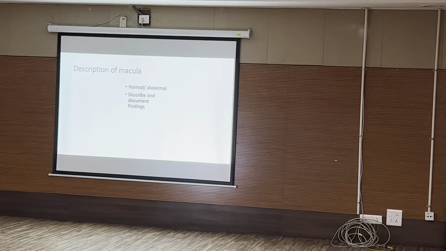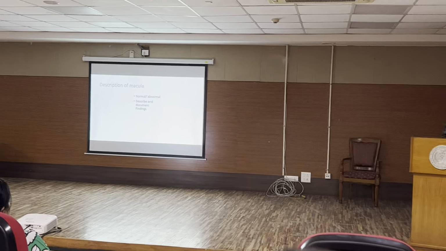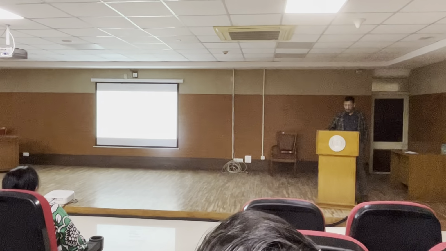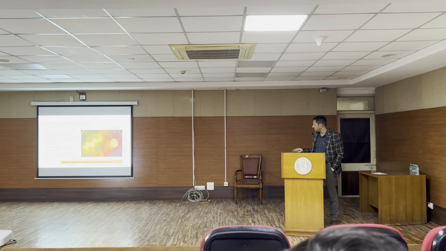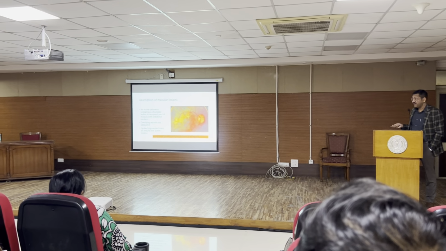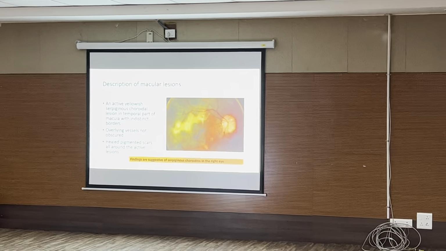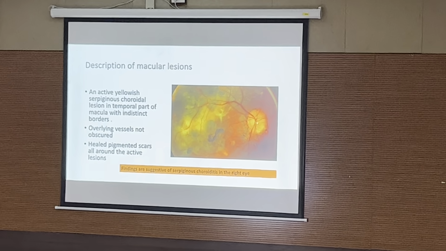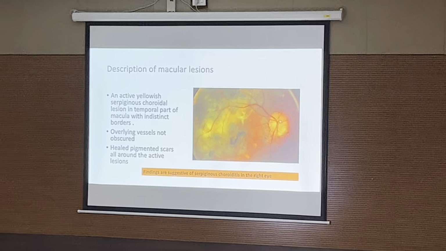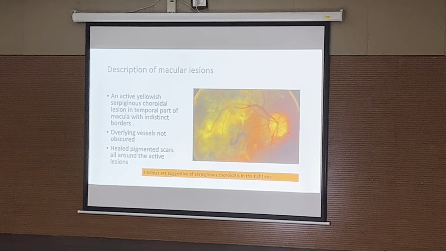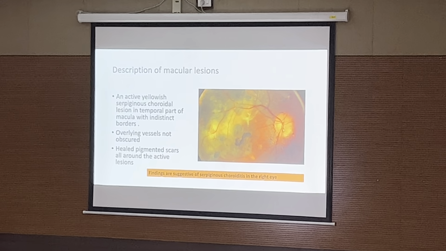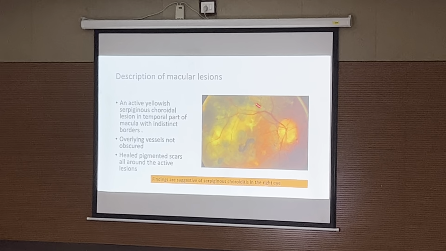Then you go to the macula, and in the macular area you describe whether it is normal or abnormal, and whatsoever findings are there, you have to describe them. For example, this is a case of ocular tuberculosis. So here you have to describe media is clear, grade 0, disc looks normal, cup disc ratio is 0.3, rim is healthy, pinkish in color, disc margin is sharp, blood vessels are normal on the disc surface.